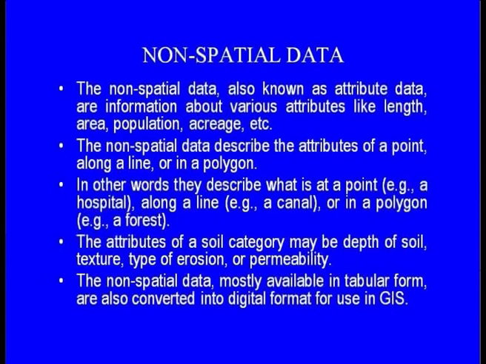In other words, they describe what is a point, that is a hospital, or along a line, that is maybe a canal, or in a polygon, that is maybe within a forest area. The attributes of a soil category may be depth of soil, texture, type of erosion or permeability. The non-spatial data, mostly available in tabular form, are also converted into digital format for use in GIS.